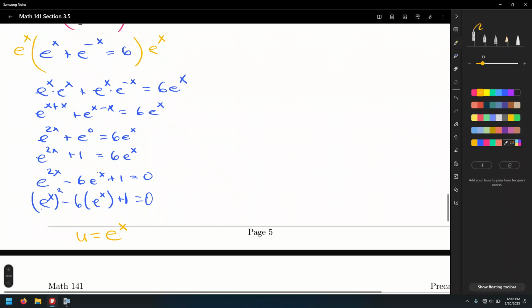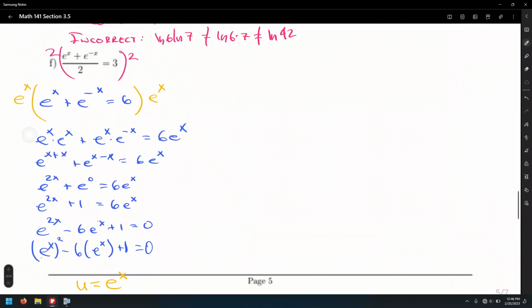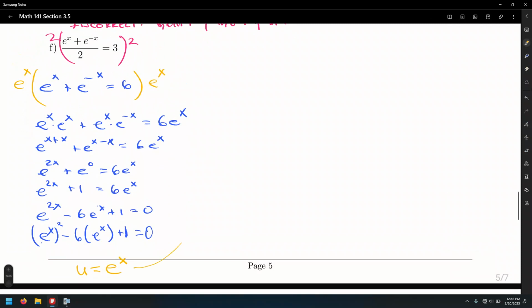Let me continue here. I'm going to rewrite the equation: u squared minus 6u plus 1, which we can solve in a lot easier way than the equation that we end up with in the world of x.